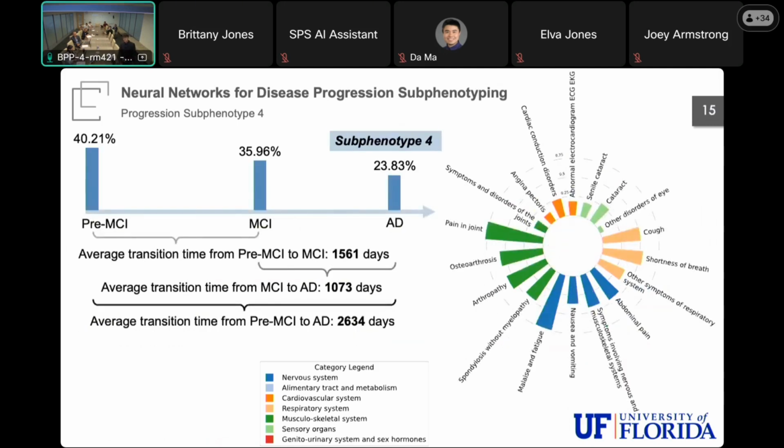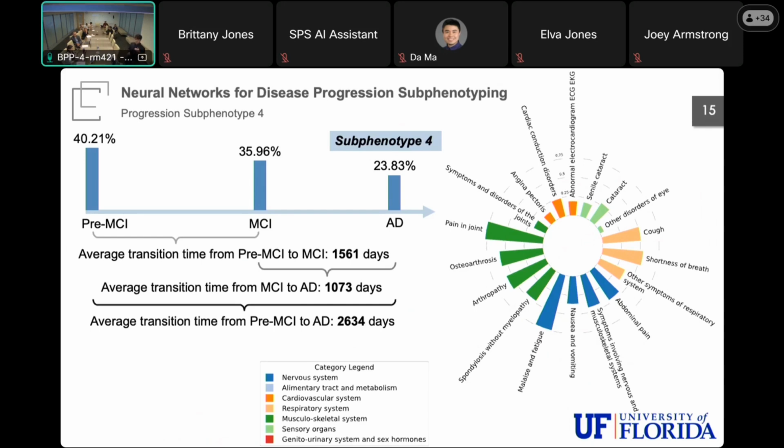But moving to subphenotype 4, this is more stable than subphenotype 3. And we can see that the key feature here is the comorbidity in sensory organs, especially vision. Although there is no direct evidence to show these diseases are interconnected, some research also suggests that the development of vision impairments also affects the risk of AD.